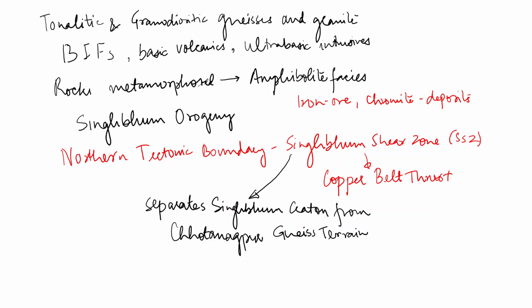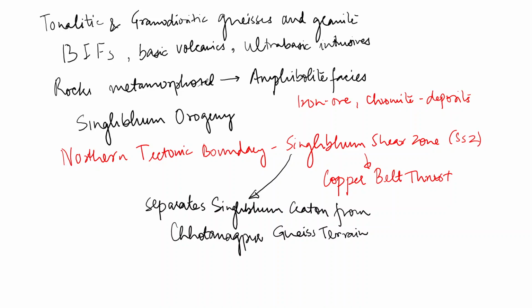The origin of the Singhbhum shear zone is sometimes believed to be as a normal fault, along which there was a subsidence of the northern block, and it gave rise to the Singhbhum basin.